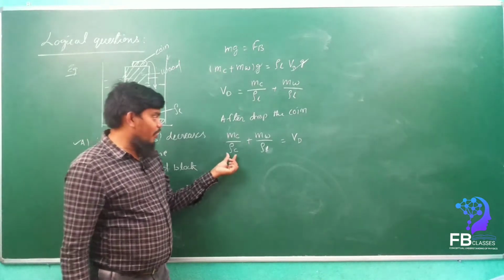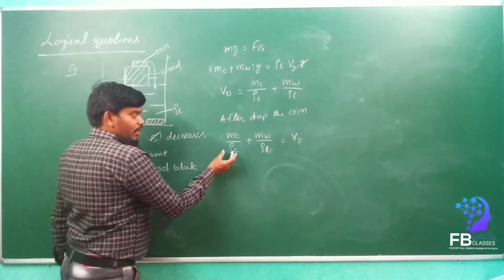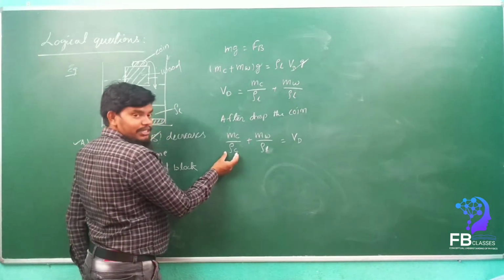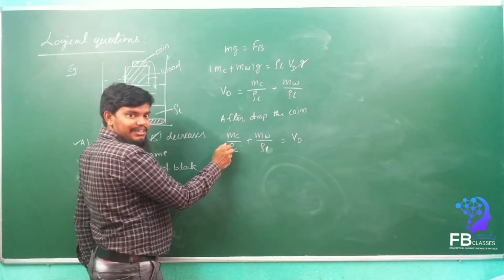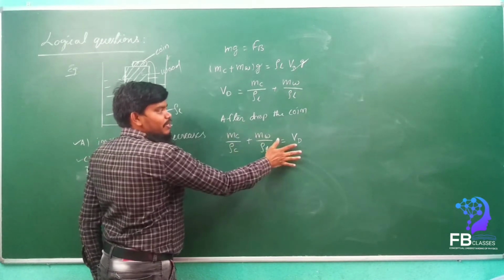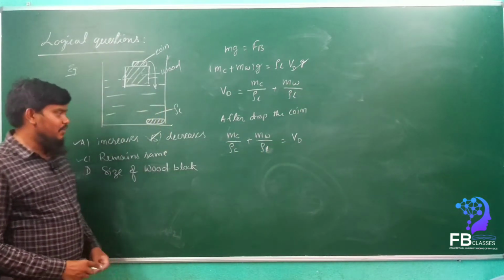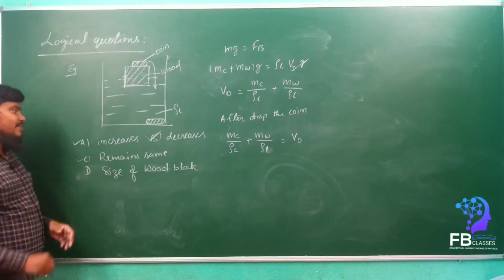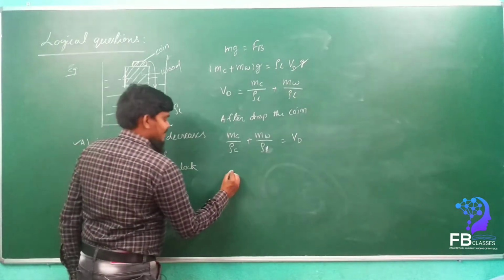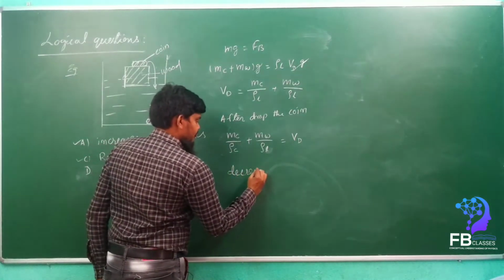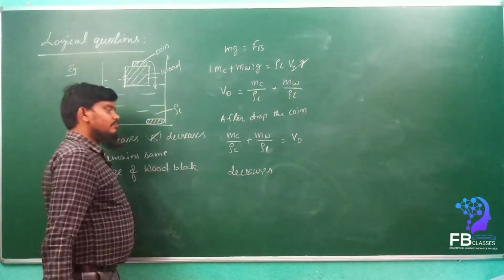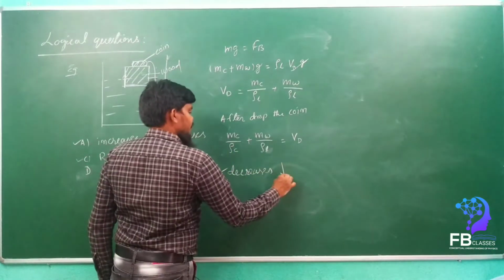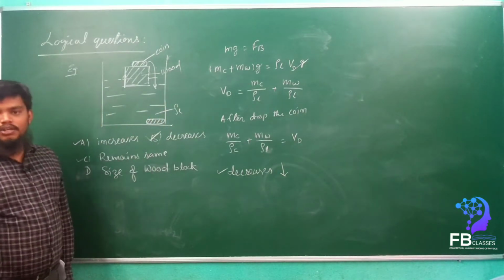When rho C in the denominator increases, this term's value decreases. That means the total displaced volume decreases. So what is the correct answer? Correct answer is B, decreases. Got it? I understand. Okay.